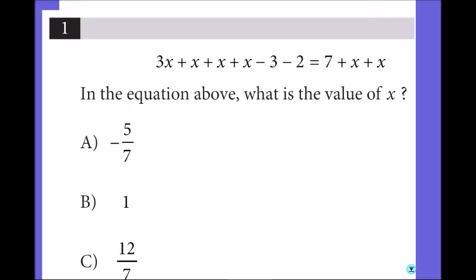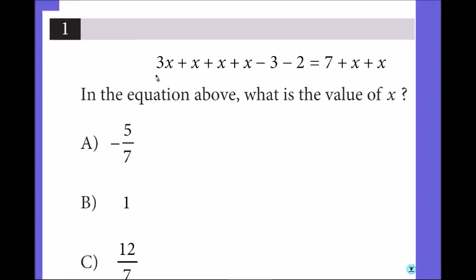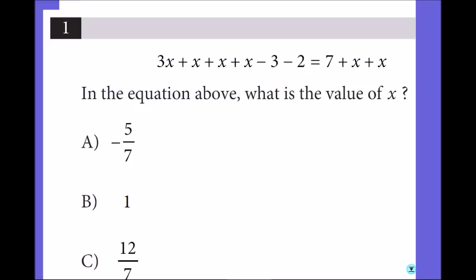Okay. Number 1, in the equation above, what is the value of x? So let's simplify. Here's 3x plus x, 4, 5, 6. 6x minus 5 equals 7 plus 2x.